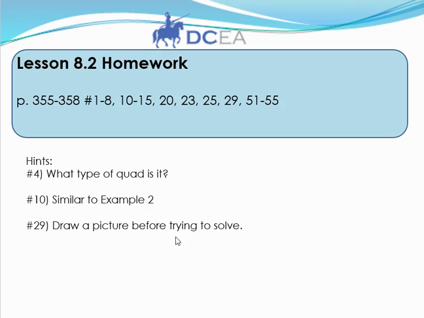Number 4 is asking you what type of quadrilateral it is. Number 10 is similar to example 2. And number 29, draw a picture before trying to solve. You should do that with all of your work, but in this one particularly, you'll need to draw a picture. They do not provide one.